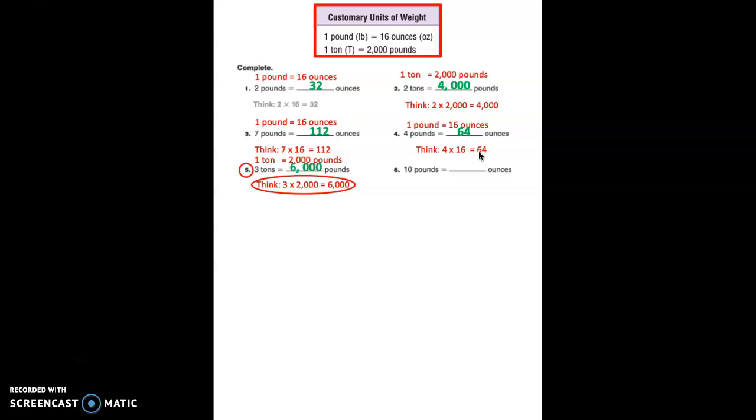And finally, number 6. 10 pounds equals blank ounces. I know 1 pound equals 16 ounces. So I need to multiply 10 times 16, which is 160. So 10 pounds equals 160 ounces.